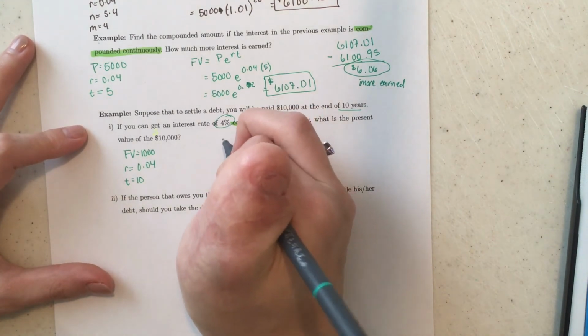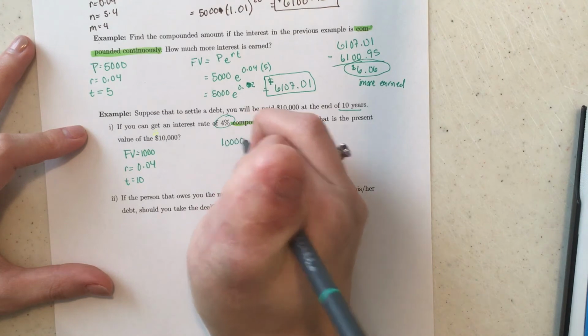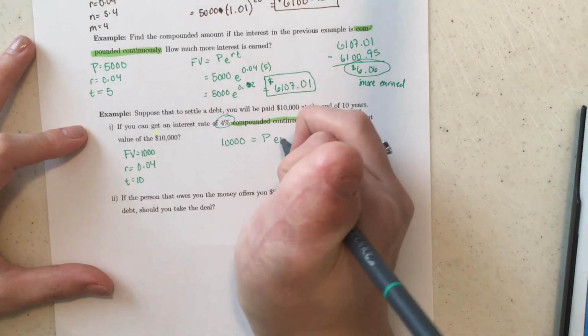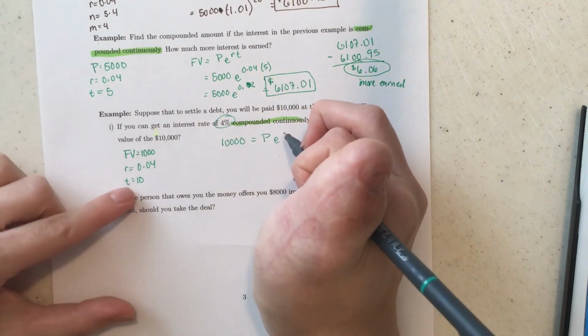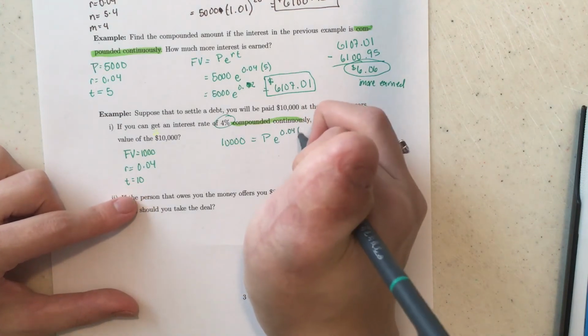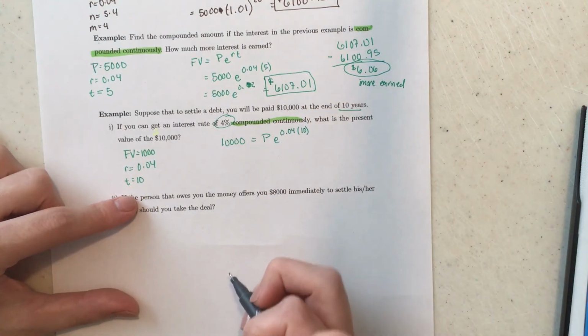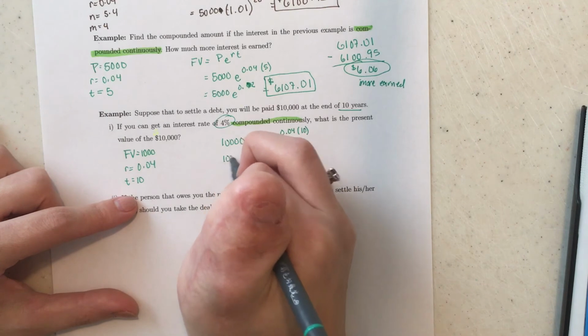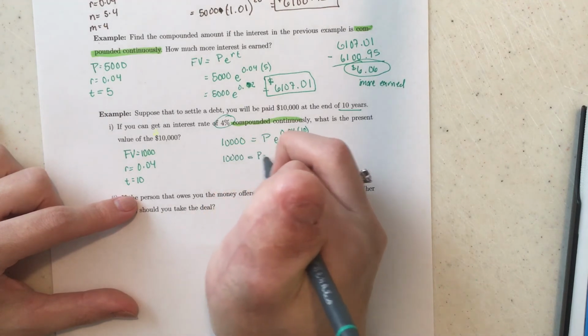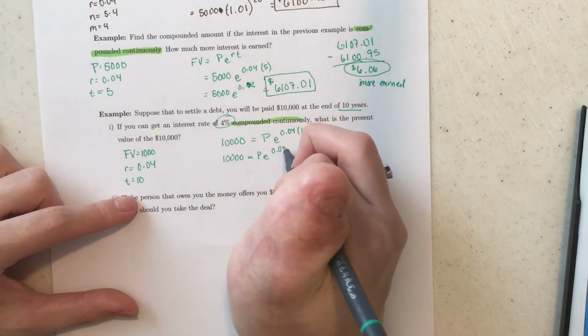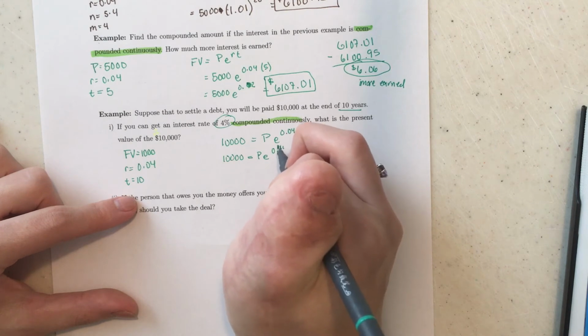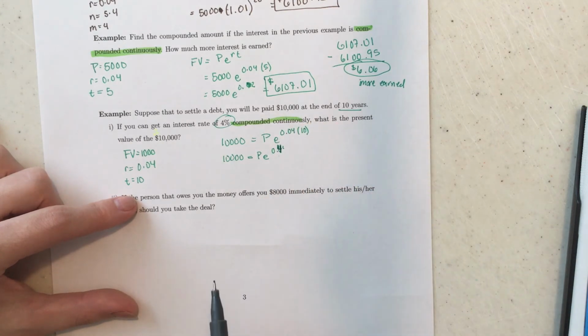So we have 10,000 is equal to P times e to the 0.04 times 10. So we have 10,000 equal to P e to the 0.4. I hope you can see that's 0.4.